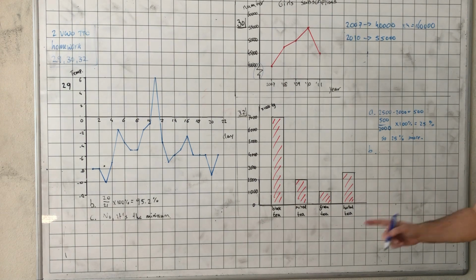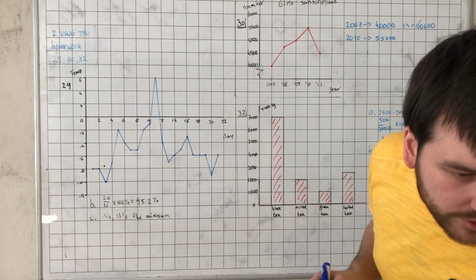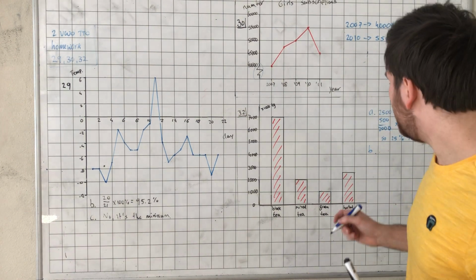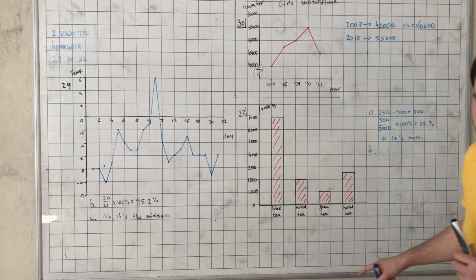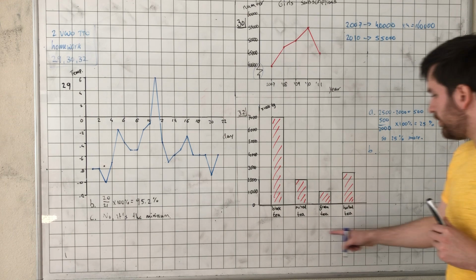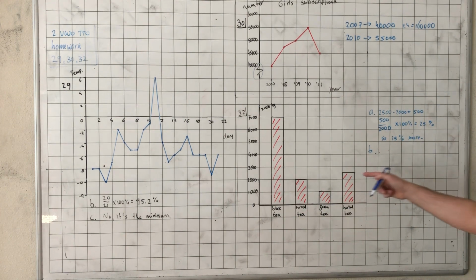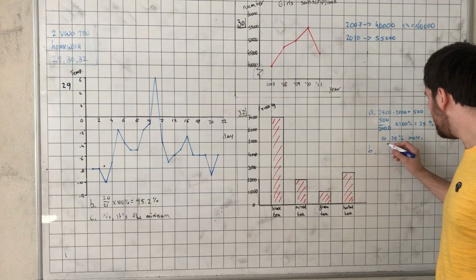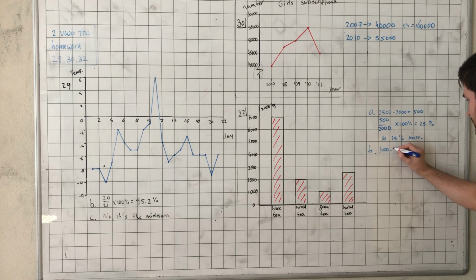If it was compared to herbal tea, then this number would be 2,500, obviously. The next one, B, less herbal tea than black tea was drunk. What percentage less? So now we are comparing it to black tea. So first we're going to try and calculate the difference. The difference between these two is 7,000 minus 2,500, which is 4,500.